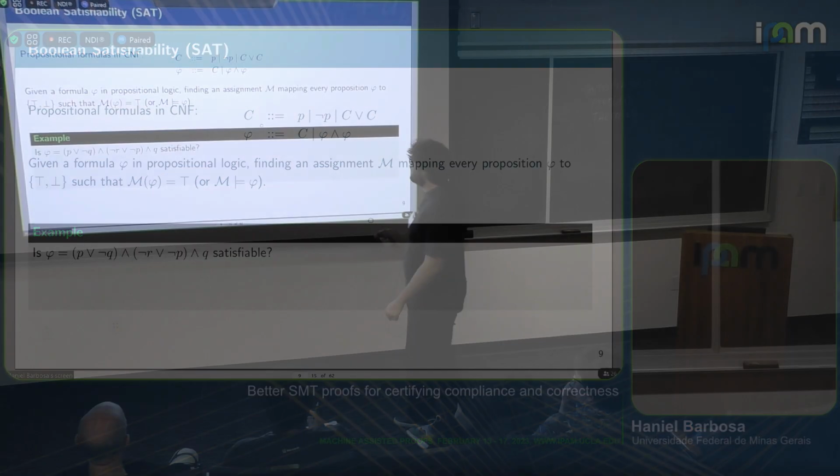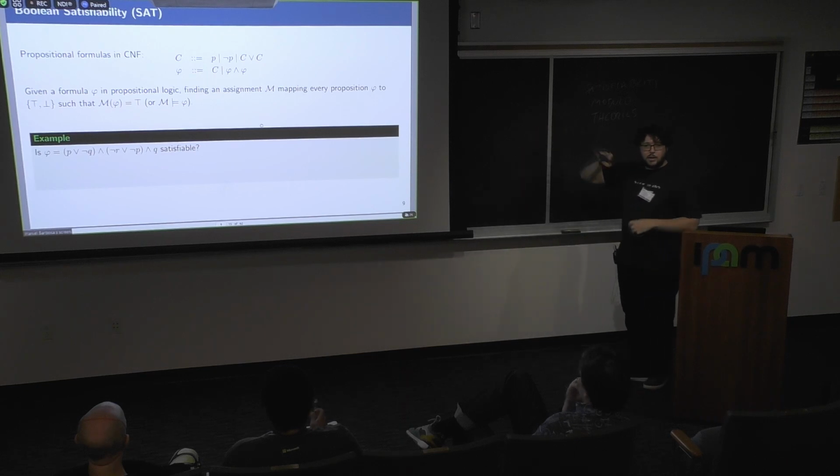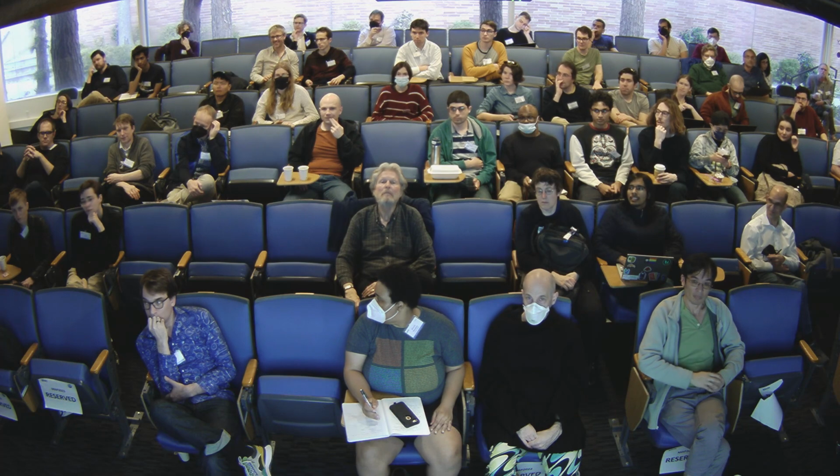This is in BNF as I'm writing the grammar. So a formula is either a C, which is a clause, or a conjunction of formulas. And a clause is a variable or a negation of a variable or a disjunction of clauses. And those two clauses don't have to be equal, even though it says C or C.